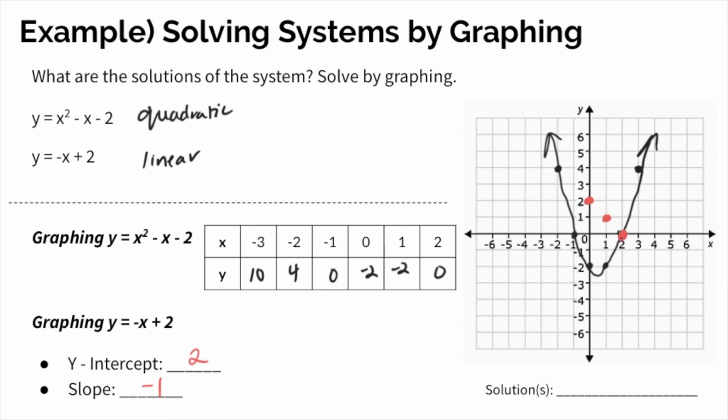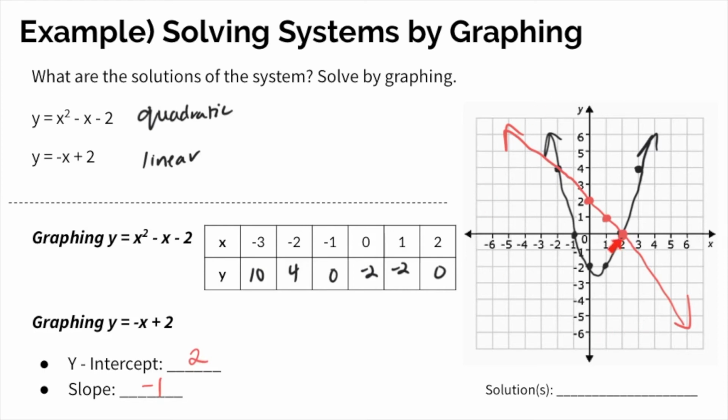Be right over here. And then I just want to connect my points. And whenever I'm solving a system by graphing, I just want to make sure that I'm drawing out my lines as long as possible.